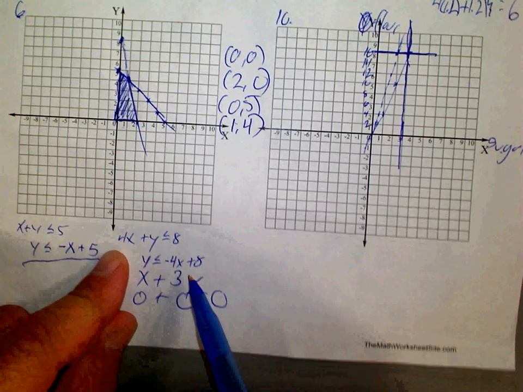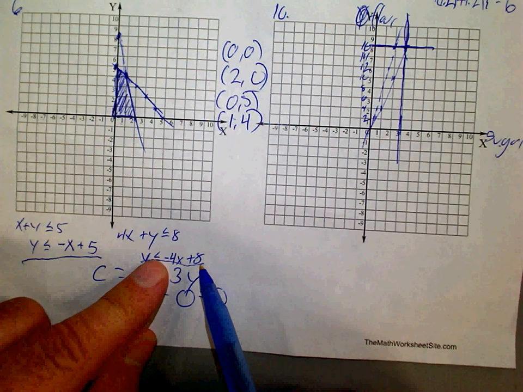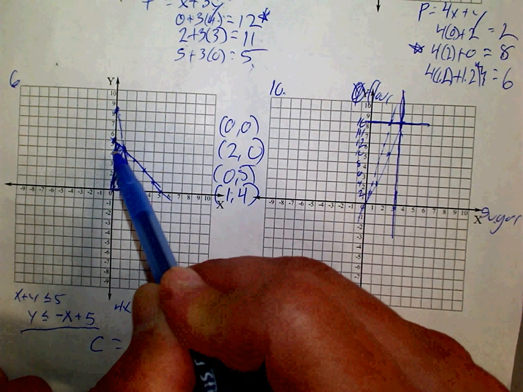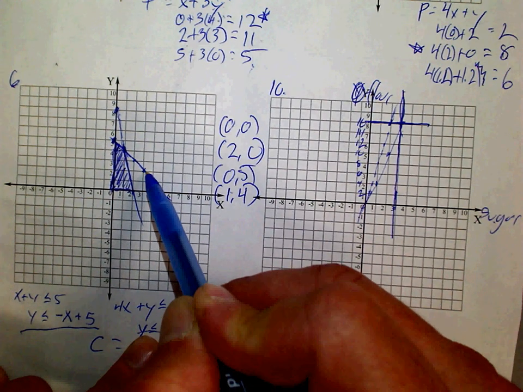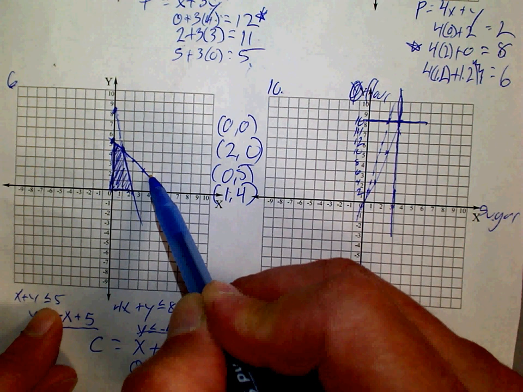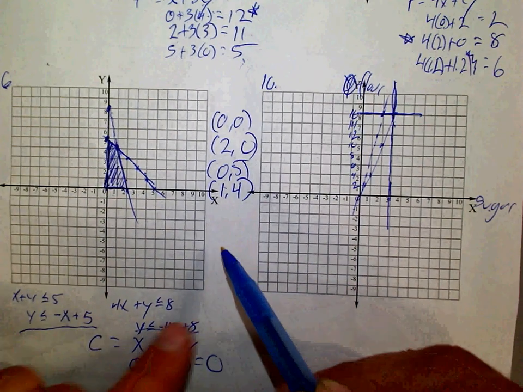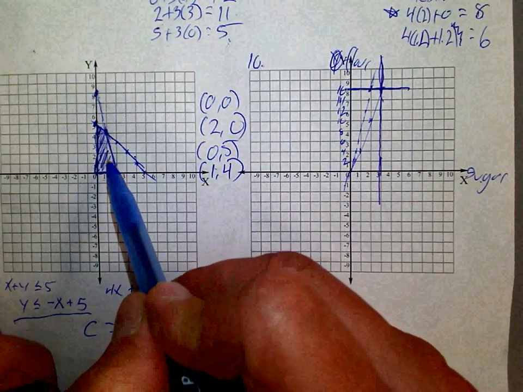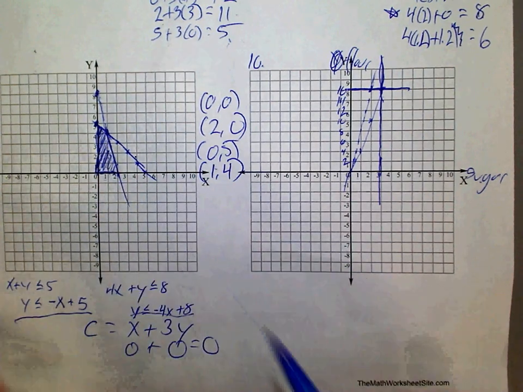Subtract 4x. 8 is the y-intercept with a very steep down 4 over 1. So we were below that first line. This bounds it even smaller because we're also below that line. And like before, y is greater than 0, x is greater than 0, so we're in this little area.